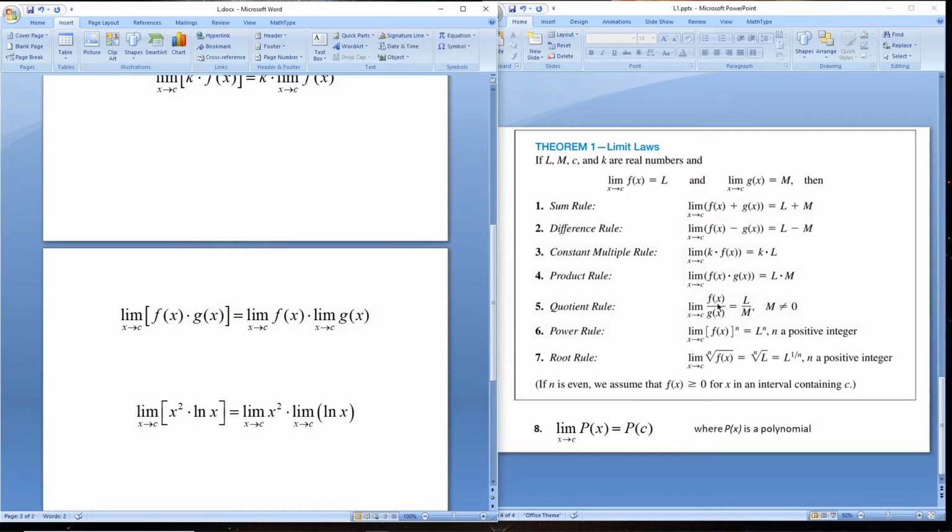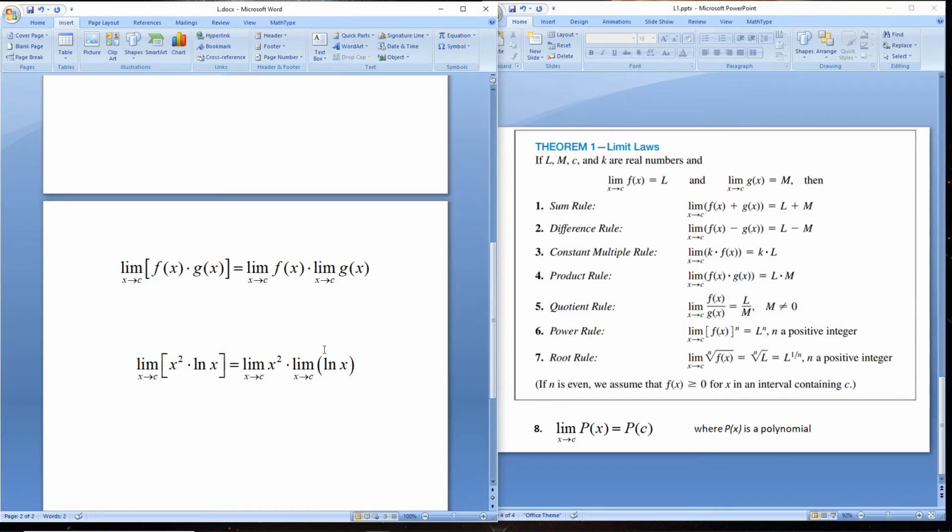And property 5 here is very similar. We can pass along the limit to the numerator and denominator.